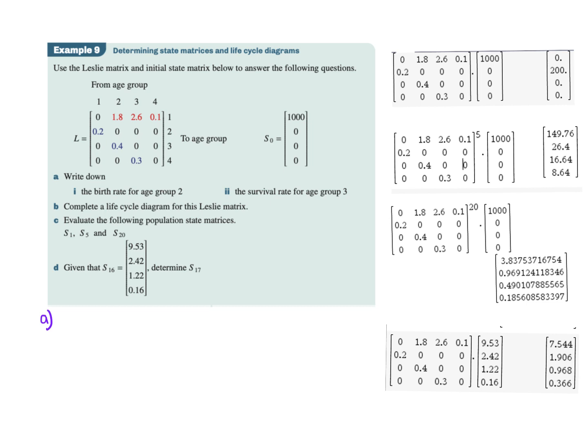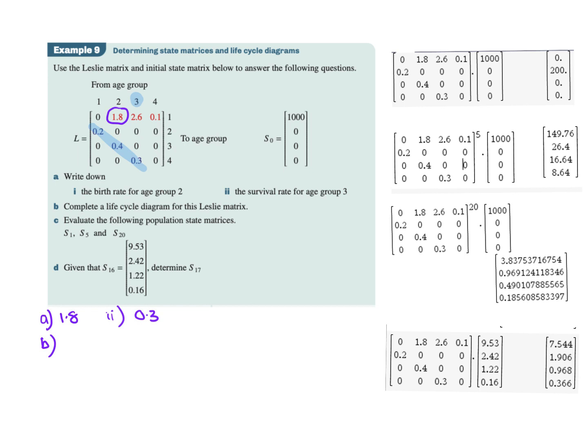What's age group 2? Birth rate is 1.8. Okay, so that was AI and AII. What is the survival rate for group 3? Survival rates are the blue. What's the survival rate for group 3? 0.3. Yep, 0.3. So that's that answer.